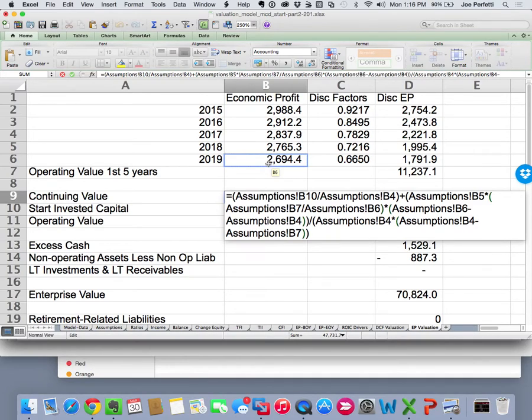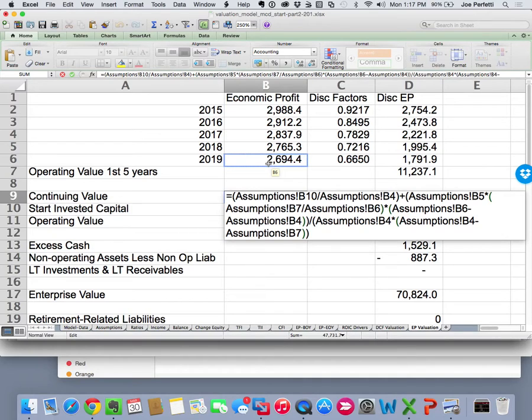The point of an as-is valuation is we're going to value the company based on its current share price. We've got to get really close, right? So in an as-is valuation, what we're really trying to understand is what assumptions the market must be using to justify the current share price. That's the whole point of an as-is valuation.